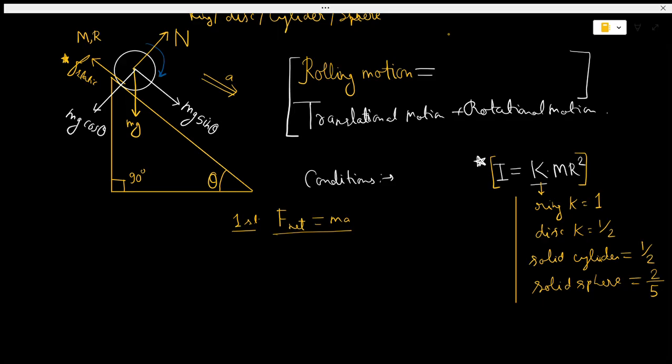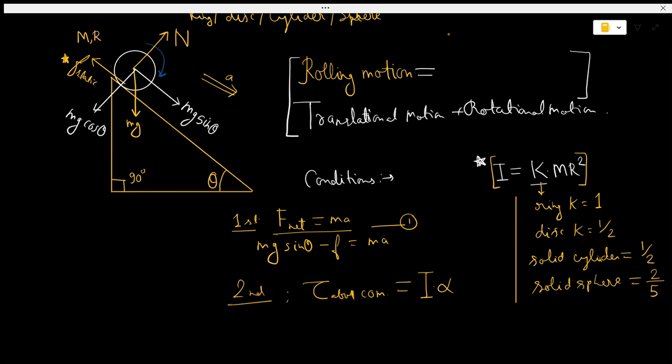There is only one force by the object, which is mg sine theta because of its mass, and the friction in the opposite direction. So if we take this direction as positive, the left hand side of this equation, F net, will be mg sine theta minus F equals ma. This is one of the conditions we should keep in mind to study this concept. And the second one will be the torque about the center of mass, which is I alpha.